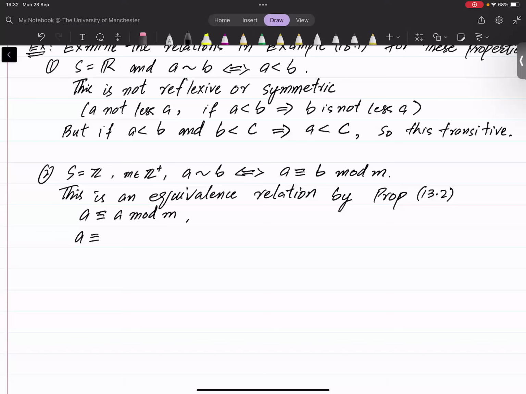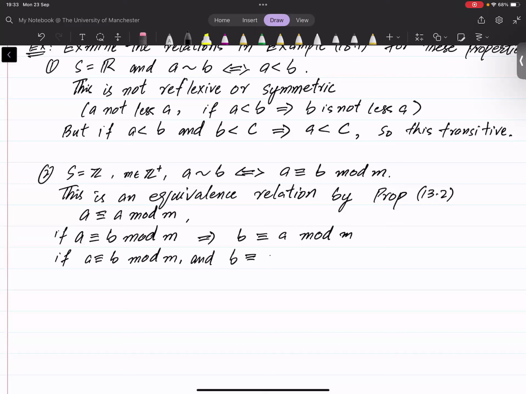If A is congruent to B mod M, then B is congruent to A mod M. And if A is congruent to B mod M and B is congruent to C mod M, then A is congruent to C mod M.